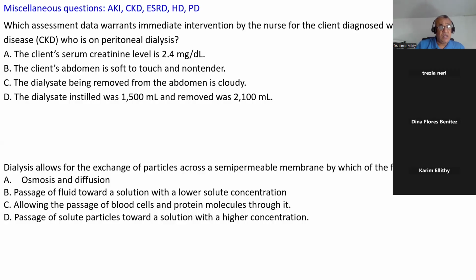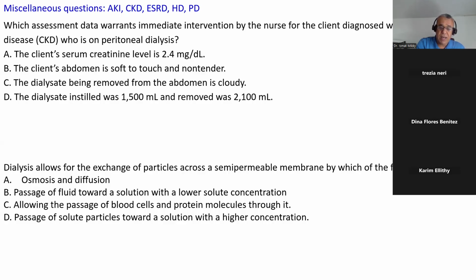The diffusion allows for the passage of particles, which are the electrolytes, urea, and creatinine. So fluid overload will be treated in patients with ESRD by osmosis.